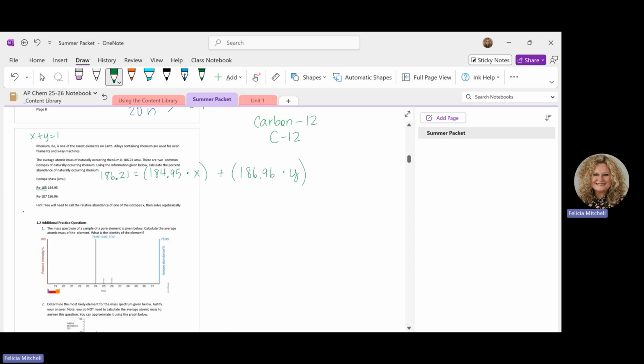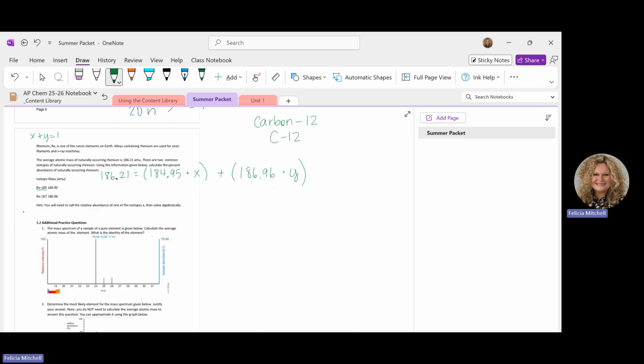There's only going to be two abundances for this element, okay? And the two relative abundances or percent abundances would have to equal 100% when it's said and done. So you could then say, okay, well, let me try to get this down to having one variable, okay?